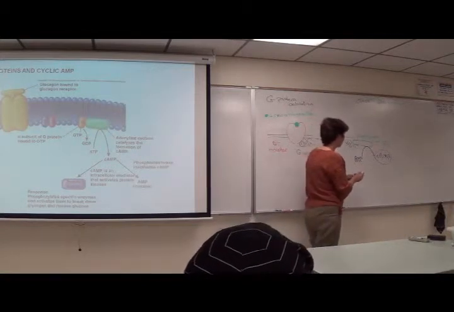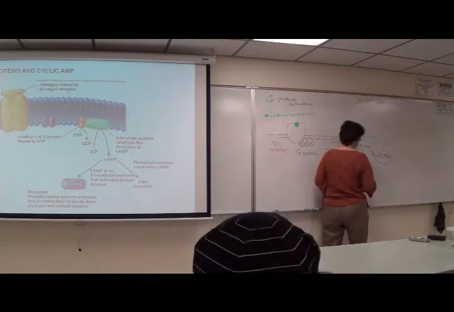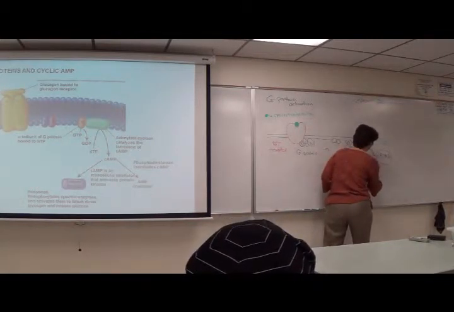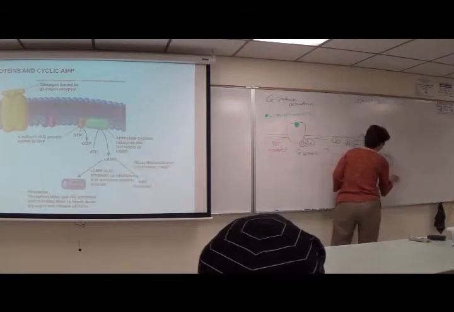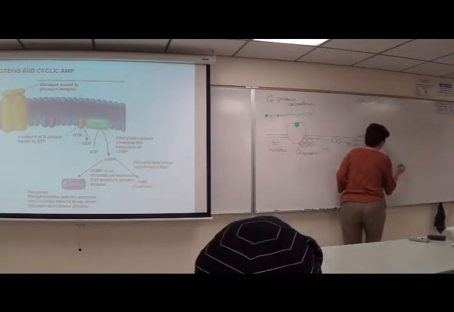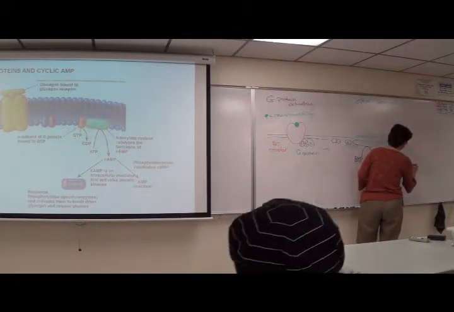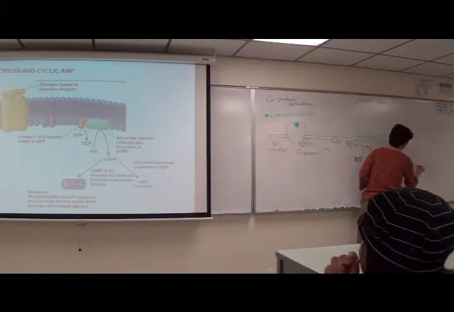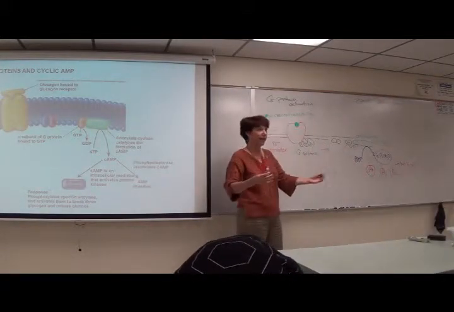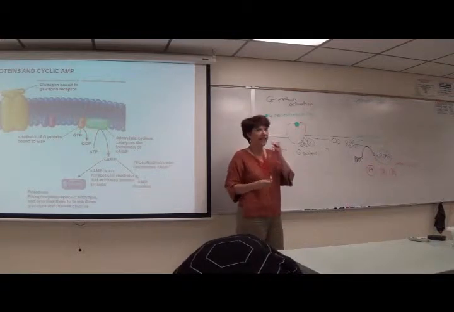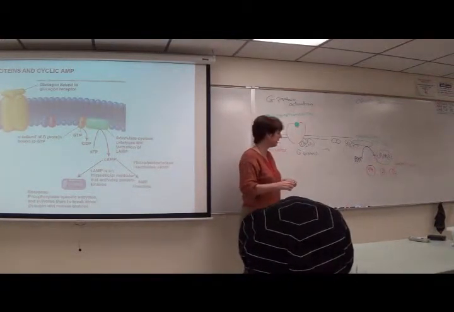Cyclic AMP then will interact with a variety of molecules inside the cell known as protein kinases. Notice these are another enzyme, but I'm amplifying my effect. One cyclic AMP molecule can activate multiple protein kinases.